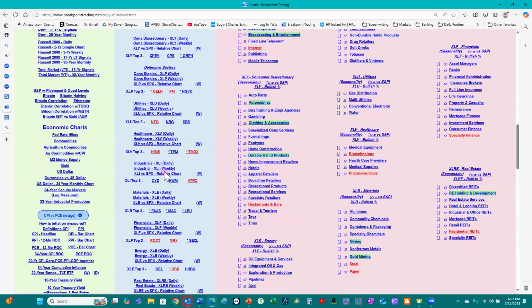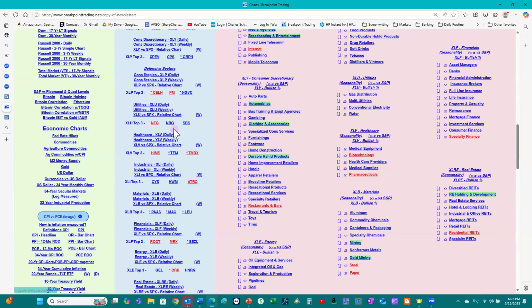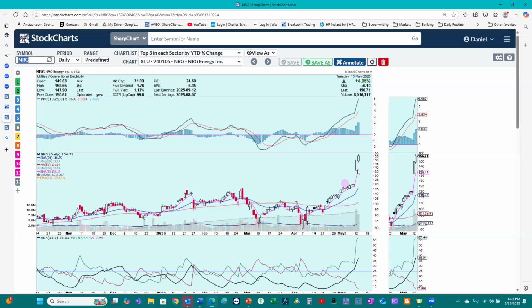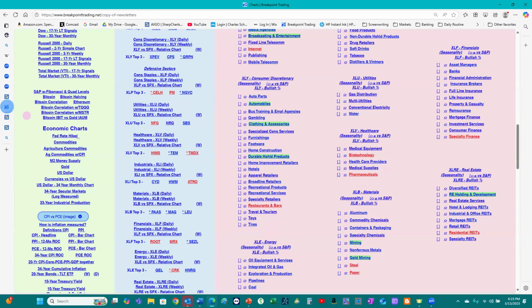That's going to give you some really good names to keep track of. And you can see what NRG did as a result. Took off this week. It had earnings on the 12th yesterday and came in with great earnings. But it had been moving up already before that. So this is just an example of how you can use the website to really identify good candidates.